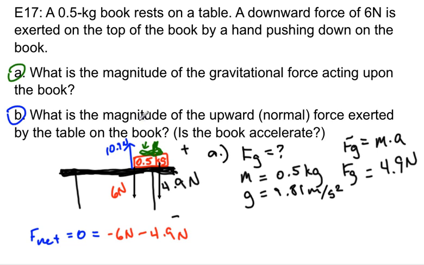That other force is the normal force, the force that the table's pushing on the book. So we have another 10.9 newtons. That gets us 0.